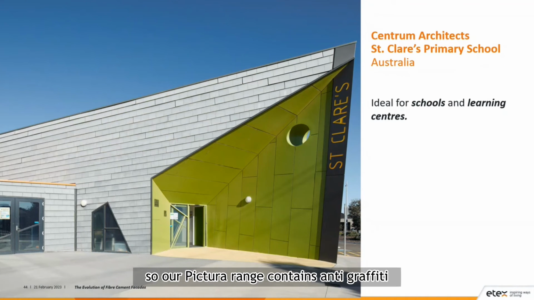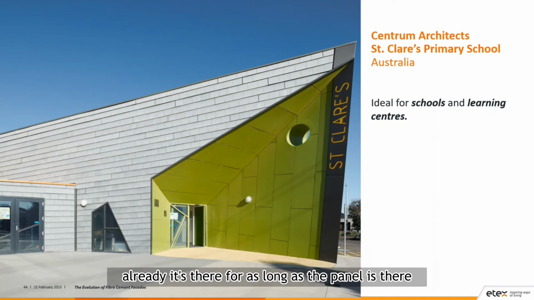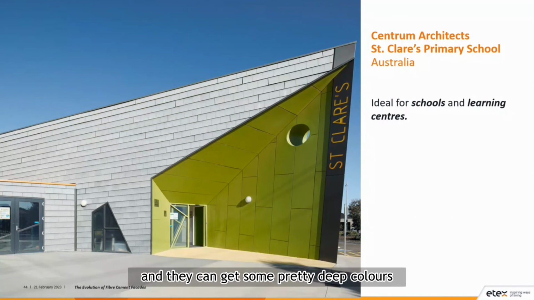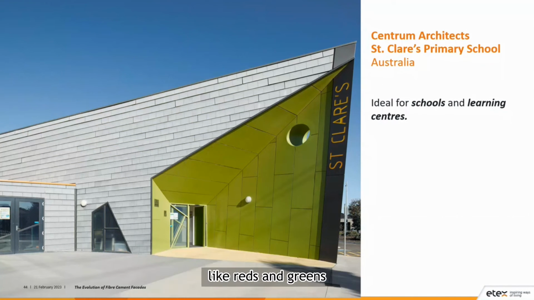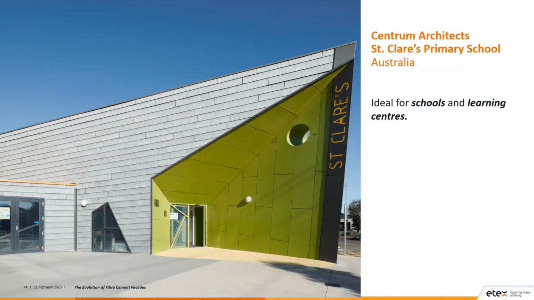Our Pictura range contains anti-graffiti as standard on the panel, so there's no need to apply a third-party anti-graffiti coating. It's on the panel already, and it's there for as long as the panel is there, so there's no need to reapply a coating. They really like that factor, and they can get some pretty deep colors like reds and greens, yellows and blues. So we do a lot of education projects based on that.